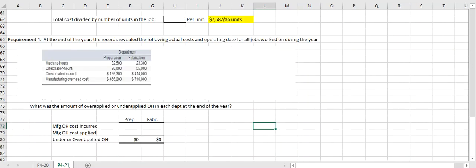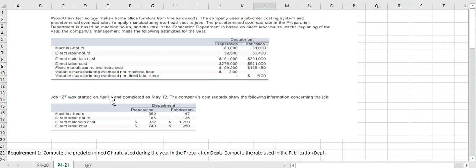So looking at P4-21, again, a similar problem to your homework, although it's not exact. It says Wood Grain Technology makes home office furniture from fine hardwoods. They use a job order costing system and predetermined overhead rates to apply manufacturing overhead cost to each job.